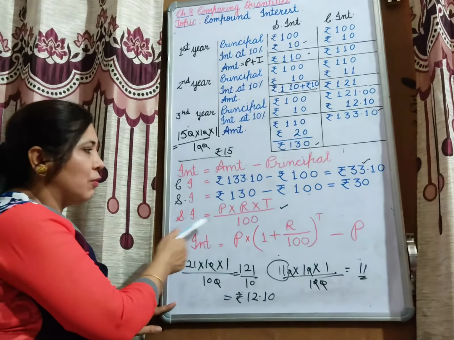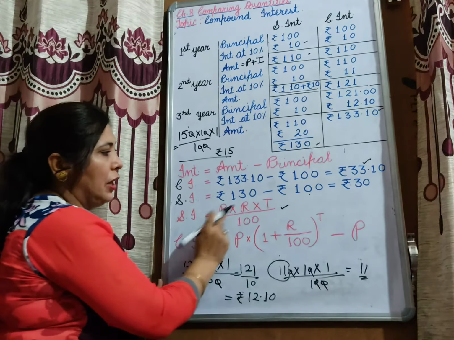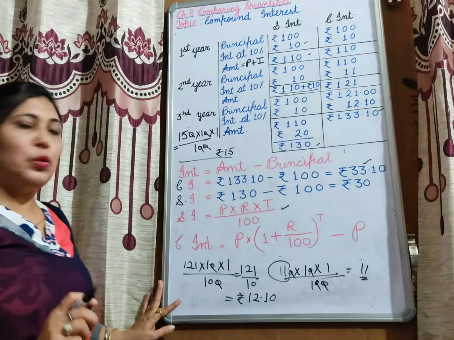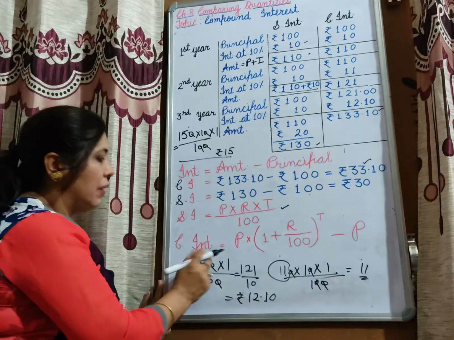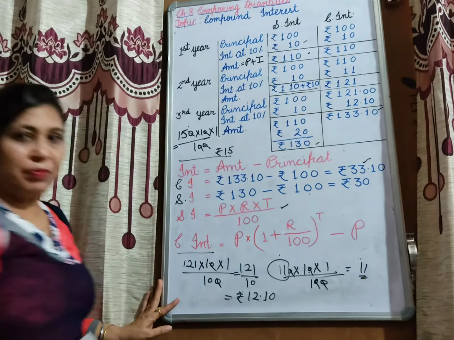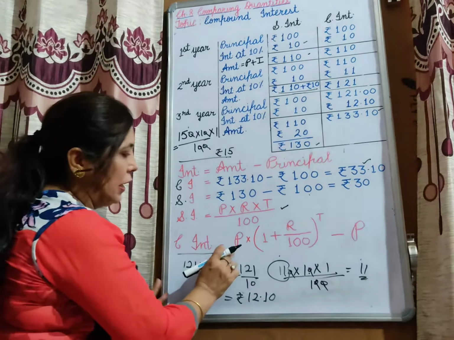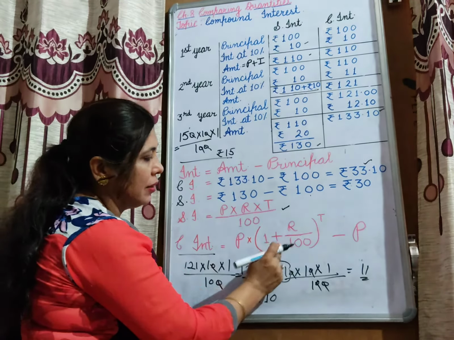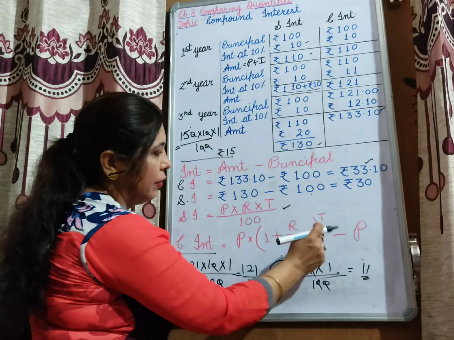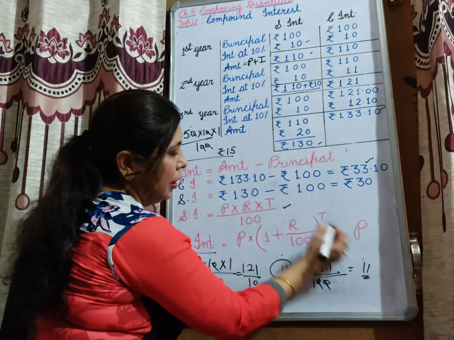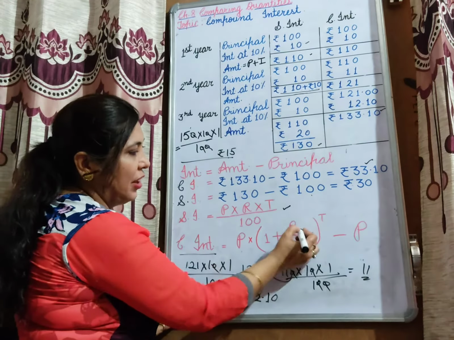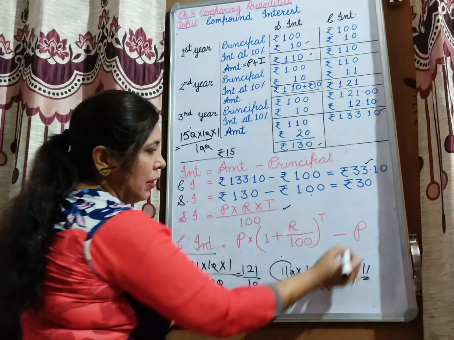Simple interest formula you know: principal into rate into time upon 100. Now I am going to tell you the formula to find the compound interest. That formula is P into (1 plus R upon 100) whole power T, minus P. P means principal, R means rate, T means time.